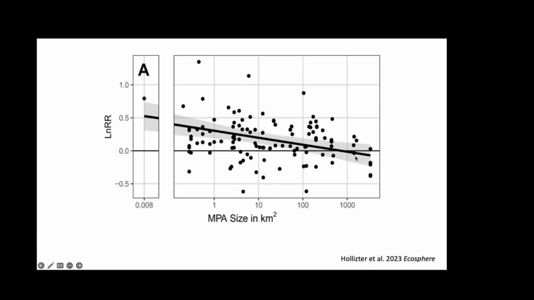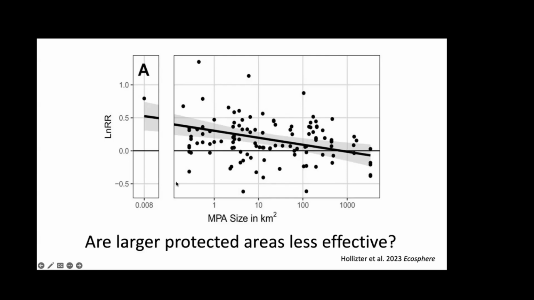There's quite a bit of literature about that in the fisheries and related conservation biology literature. But the other point I want to make with this study is really asking this question: are larger protected areas indeed less effective?